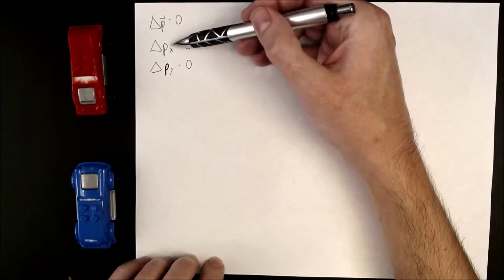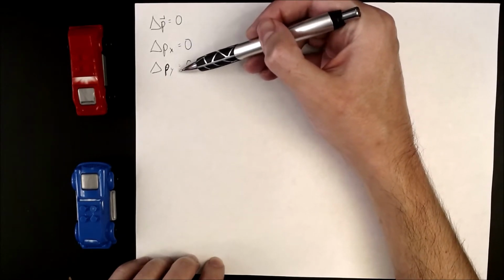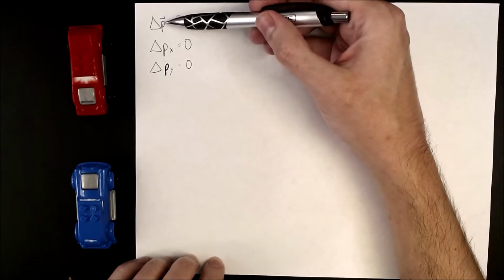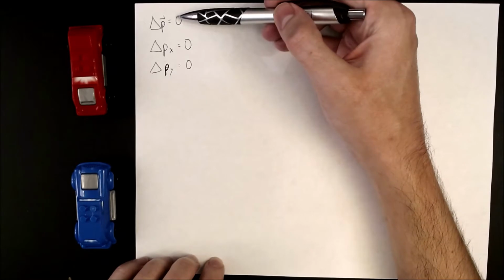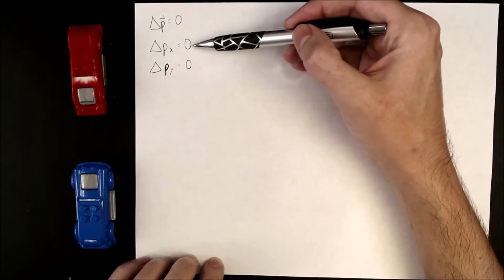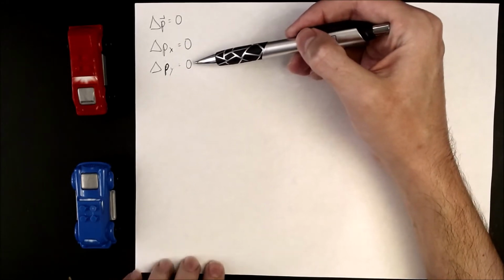And here we can break this momentum vector up into its x component and its y component. If the change in the total momentum is 0, then the change in the momentum in the x direction has to be 0, and the change in the momentum in the y direction also has to be 0.